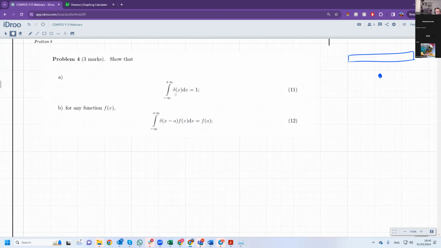We have already shown that the integral of delta x is 1. We've solved this already.